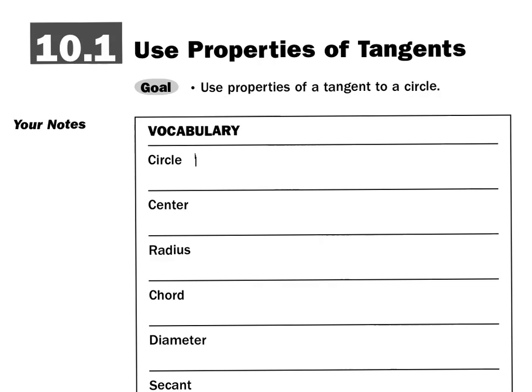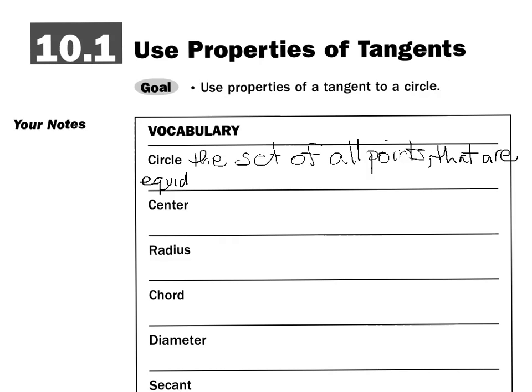It is the set of all points that are equidistant from a given point. And this must be in a plane.